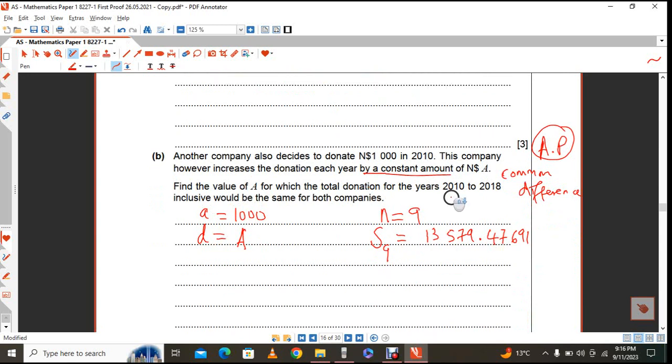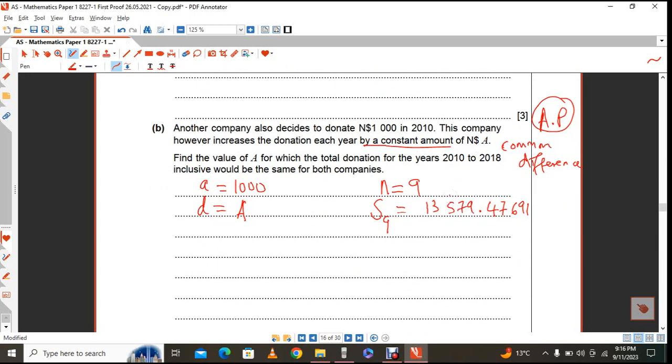What do we then know? We know that the S sub n formula of an arithmetic progression is n over 2, in this case 9 over 2, times 2 times 1,000, plus our common difference is a, so 9 minus 1, and all of this should equal 13,579.47691.